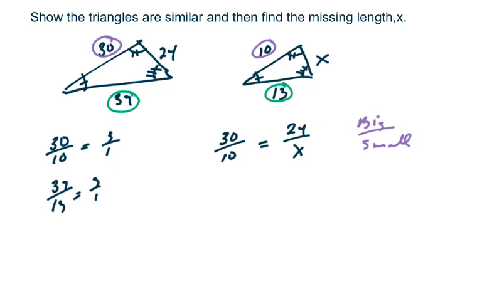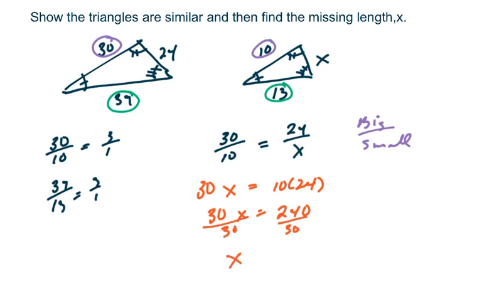And then I can set my equation from here, solving the proportion. So I would say 30 times x is equal to 10 times 24. So 30x is equal to 240. I divide both sides by 30 to isolate the variable, and I get 8, and this was in inches. So x equals 8 inches.